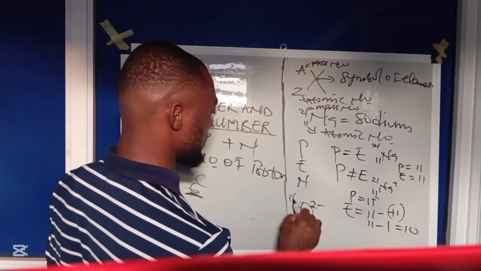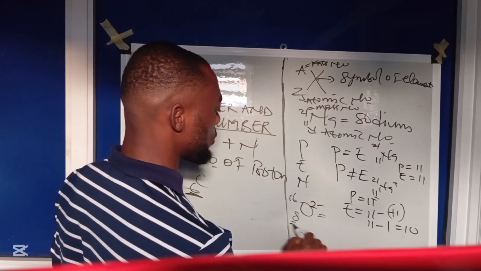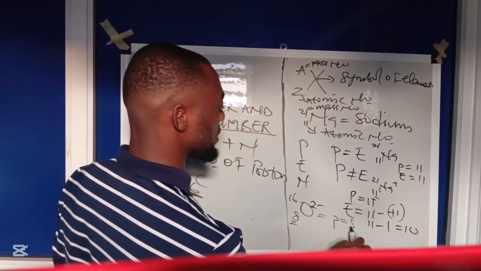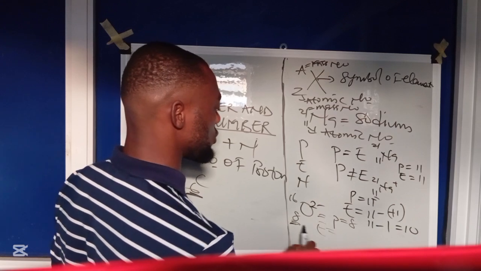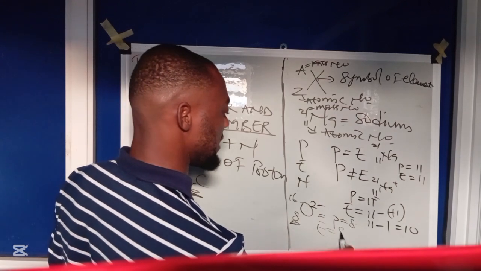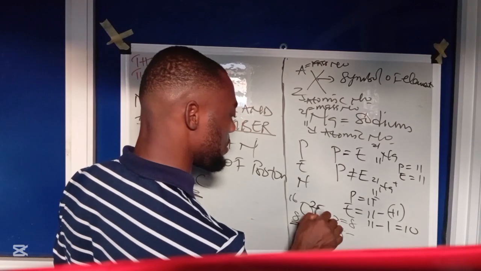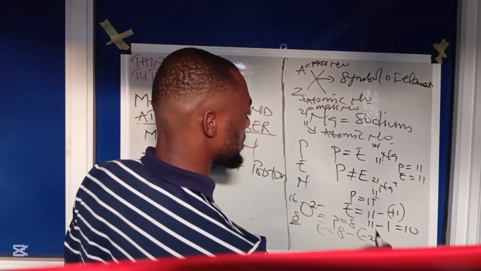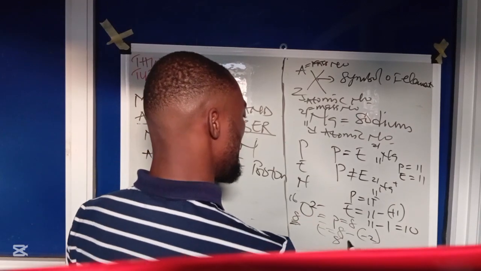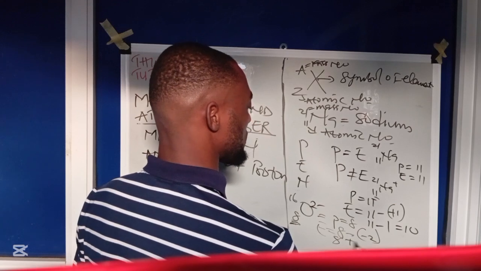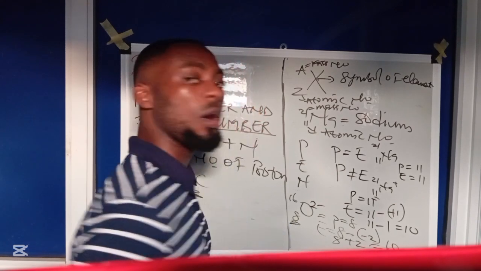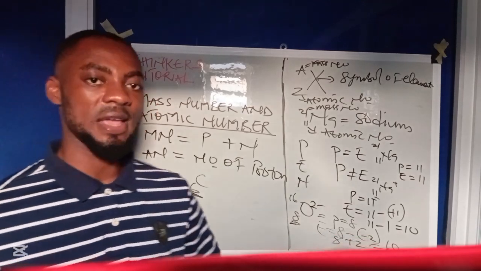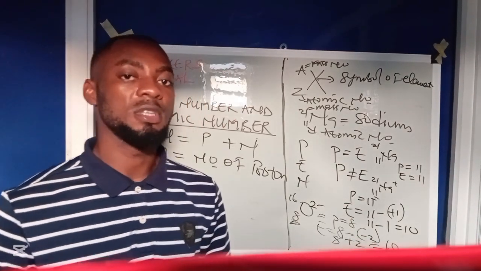This is 8, this is 16. Here, our proton remains 8. But the electron is equal to the number of protons, which is 8, minus the charge here, which is -2. Normally, this will be 8 minus minus 2, which is 8 plus 2, which is equal to 10.